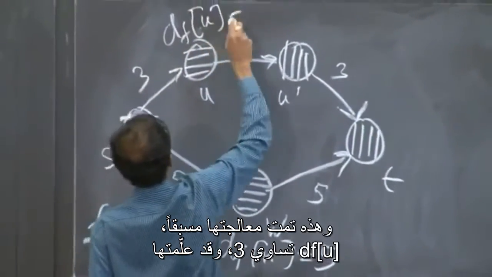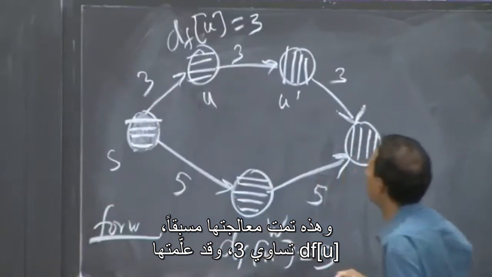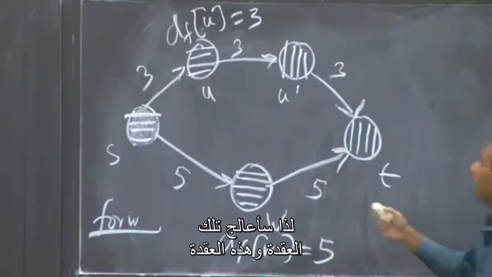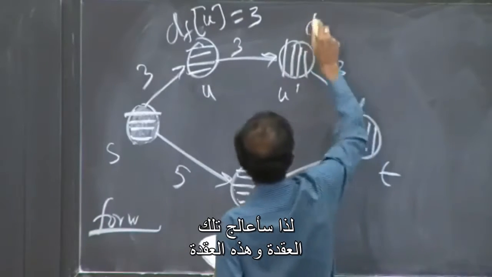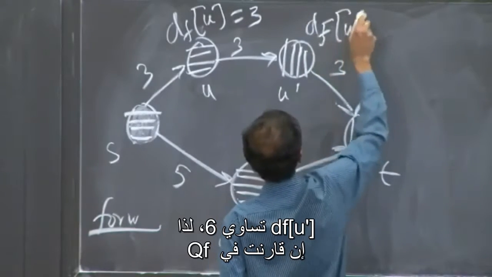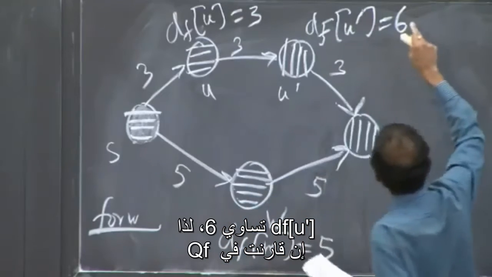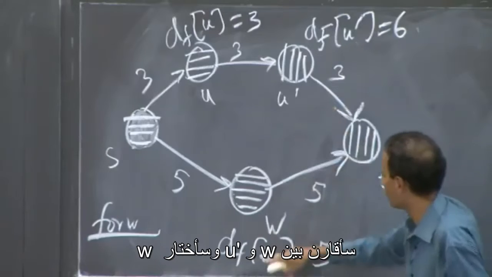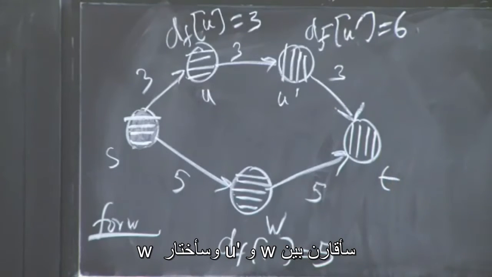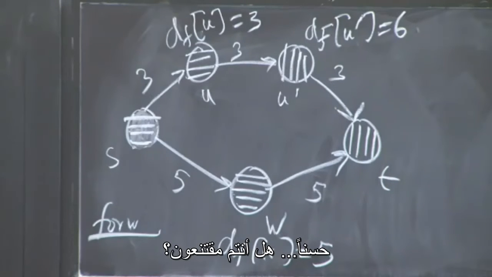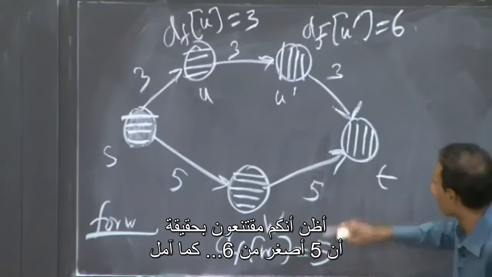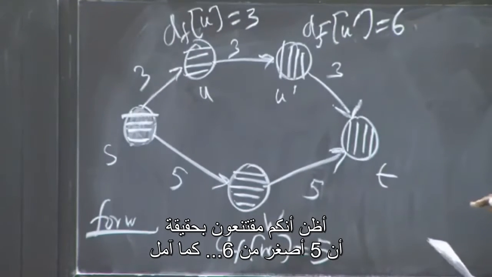DF of U equals 3, but I've hashed that. And so I've gone ahead and processed that vertex. And this one, DF of U prime equals 6. So if I compare in QF, I would be comparing U prime and W, and I would pick W. Okay? People buy that? That's because I guess you buy the fact that 5 is less than 6, I hope.